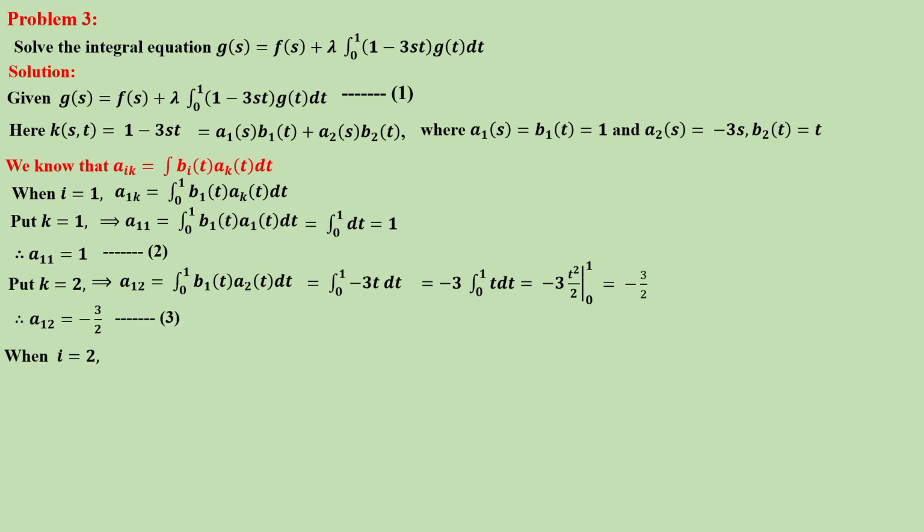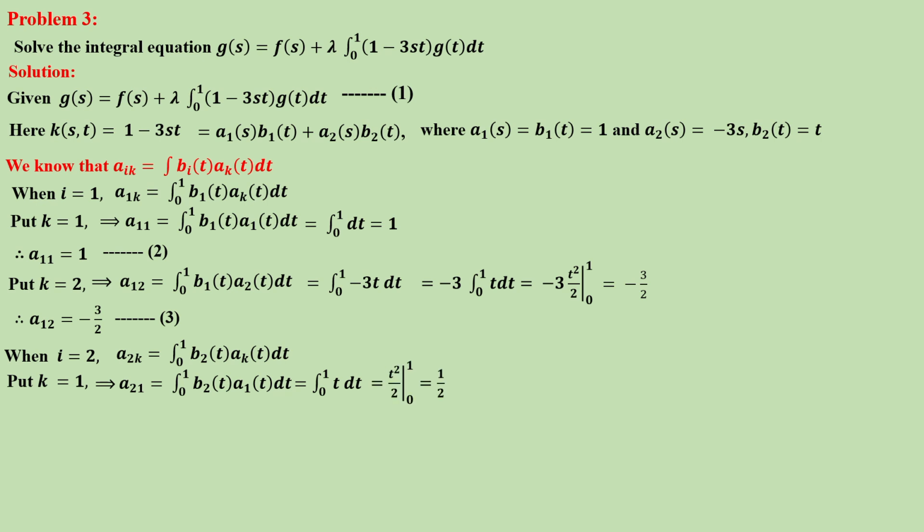Next, put i = 2. So a_2k = integral from 0 to 1 of b2(t) a_k(t) dt. When k = 1, a21 = integral from 0 to 1 of b2(t) a1(t) dt, which on substituting gives t dt. The integral of t dt is t^2/2, so 1/2. This is equation number 4.